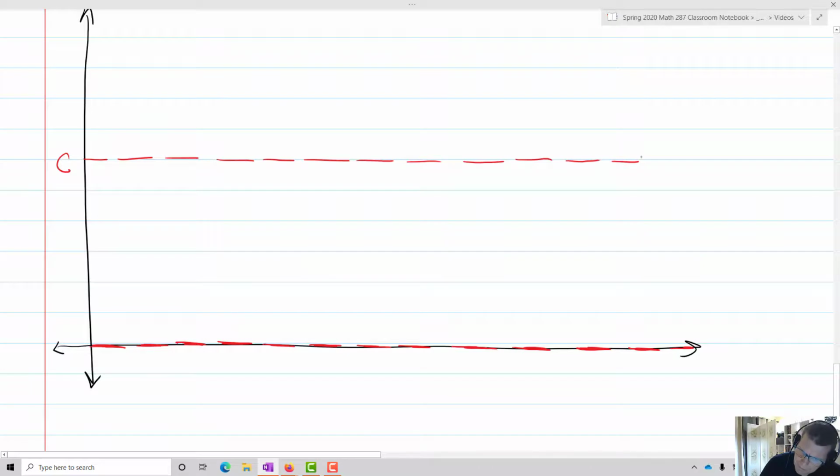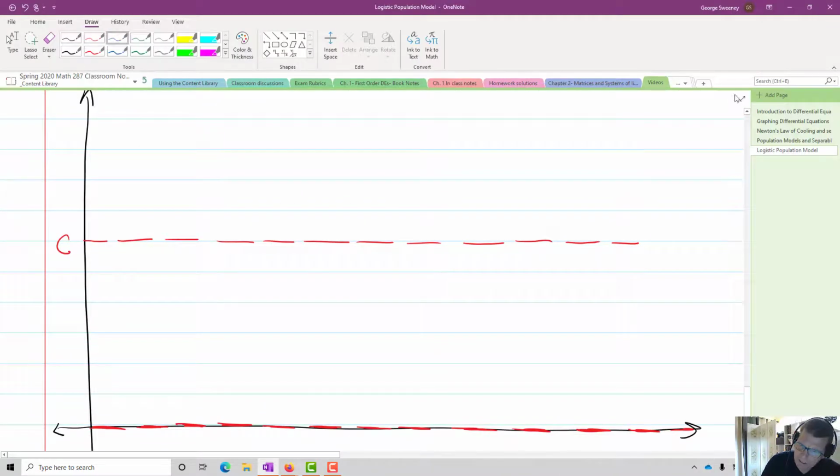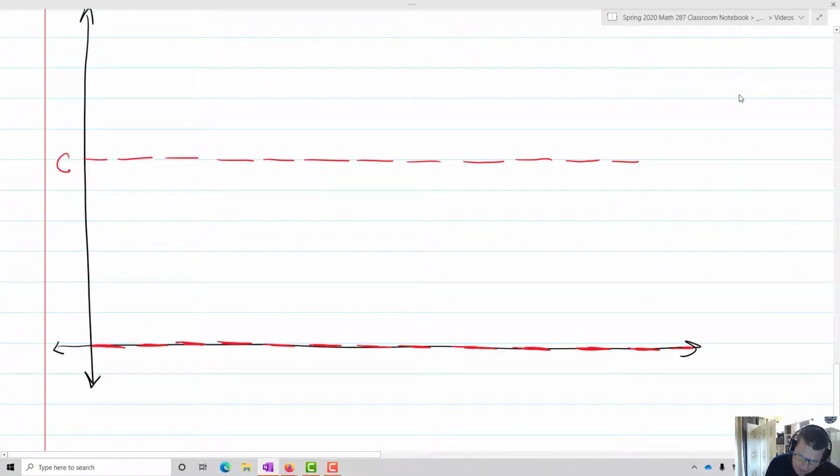Okay, so you can imagine that. Then I'm going to have a point of inflection over here at C over 2. So here's C over 2, and that's going to give me a point of inflection. Essentially, we're going to go from concave up to concave down.